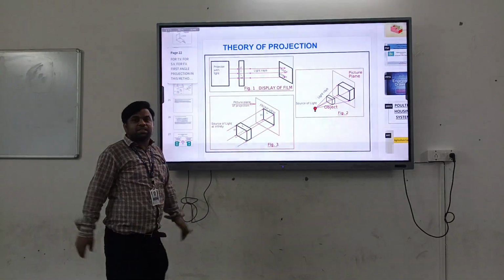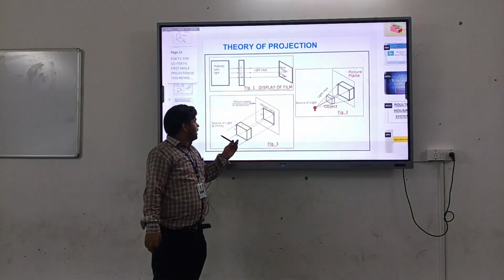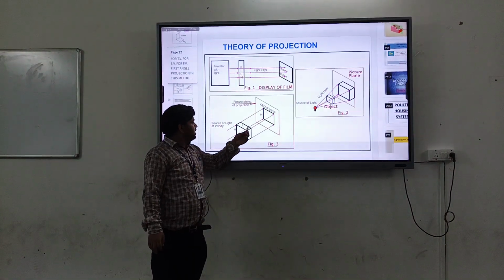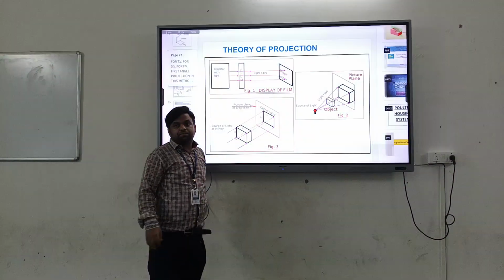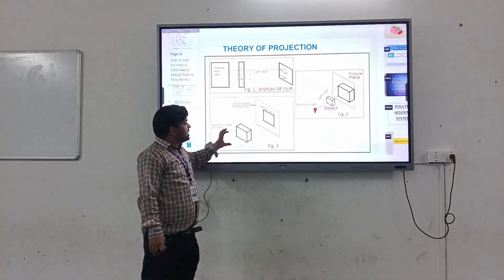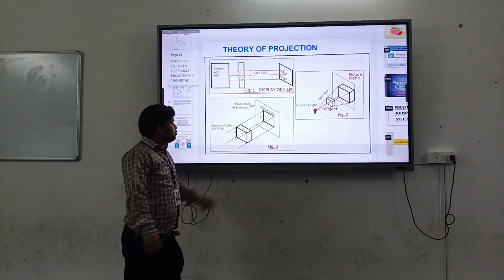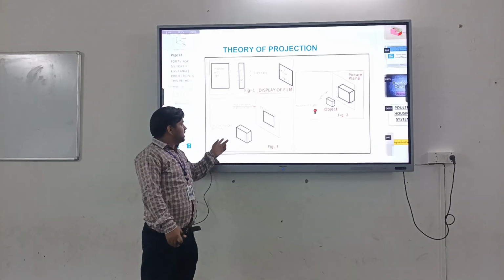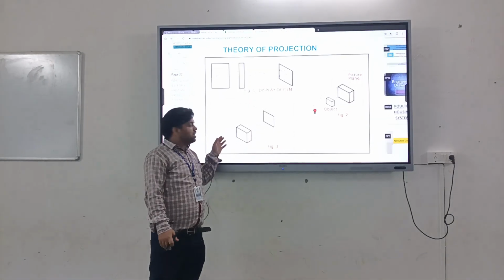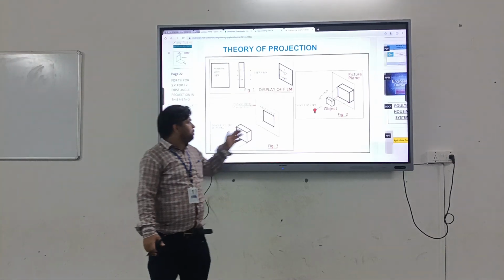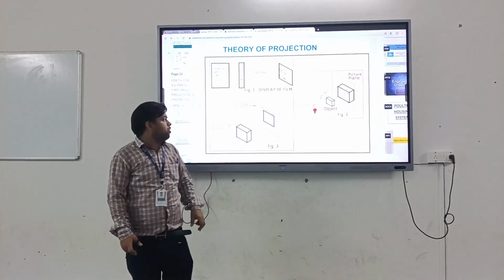Similarly, the projection concept is the same. Projection is the rays from sources at infinity projecting an image on a screen. It is basically the light rays that come from the object and strike the plane so that its image will be formed.